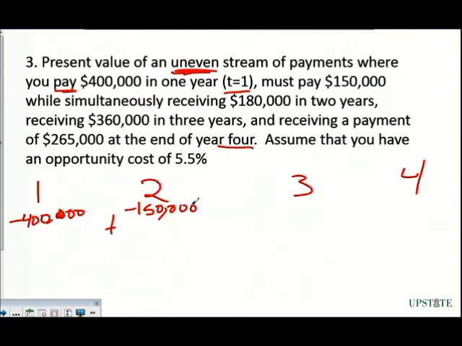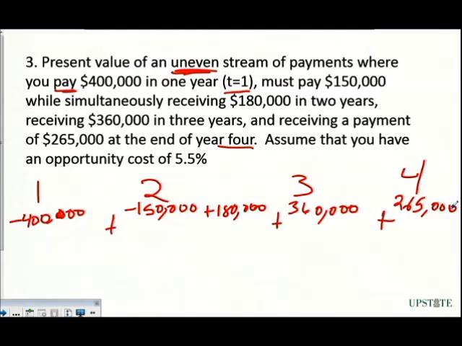But we are simultaneously receiving $180,000, so that's a positive. Then in year 3, we are receiving $360,000. And then in year 4, I am receiving a payment in the amount of $265,000.